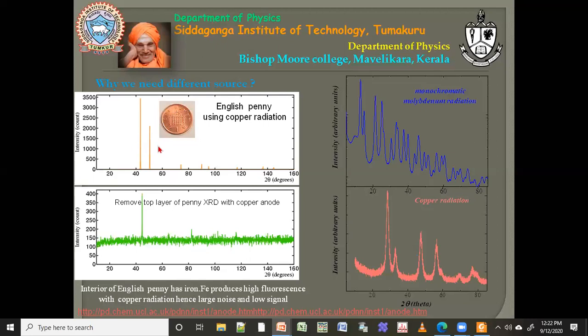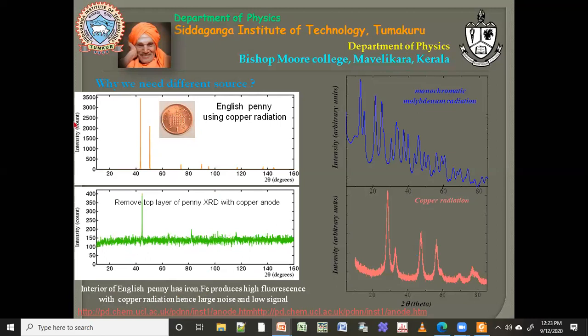Okay, if I remove the first layer, I have given the reference here. What they did, they removed the first top layer, that is they removed the copper layer. Inside it is just iron. So they do the scan again in the same instrument, same setting. They have not changed anything. Then what happens?